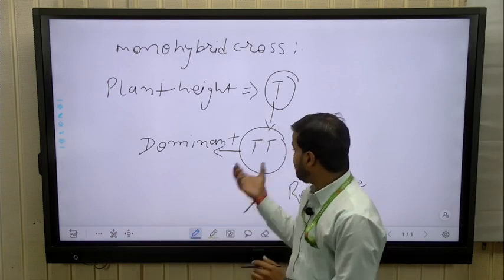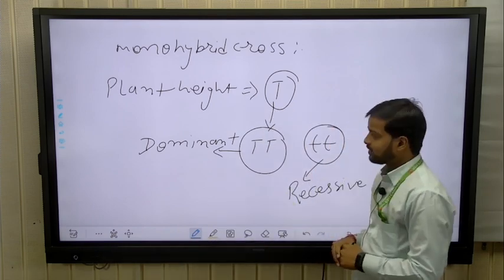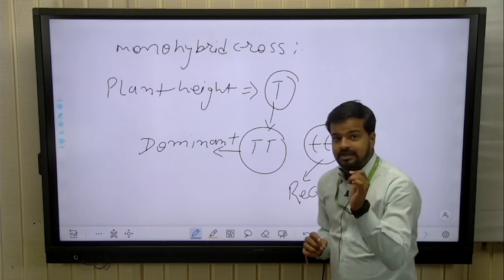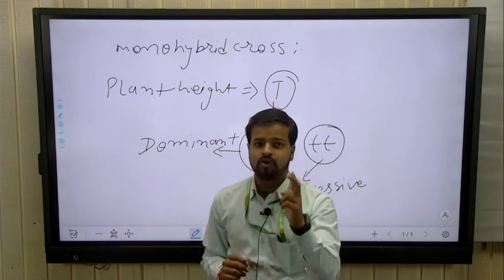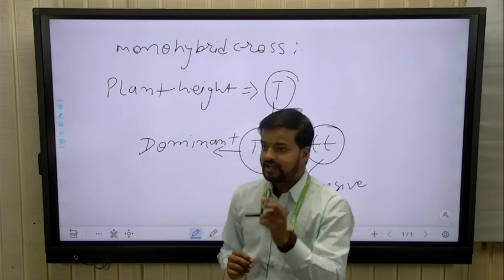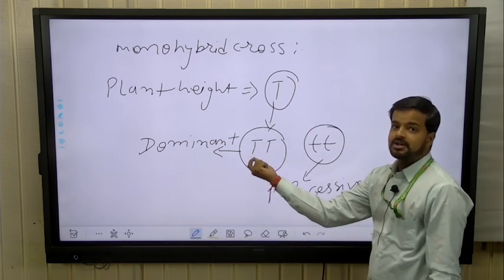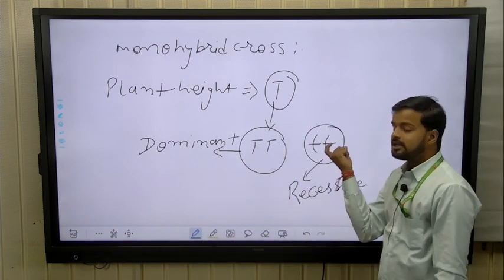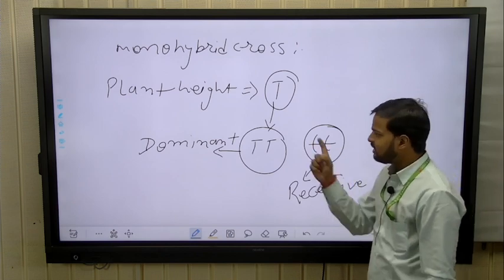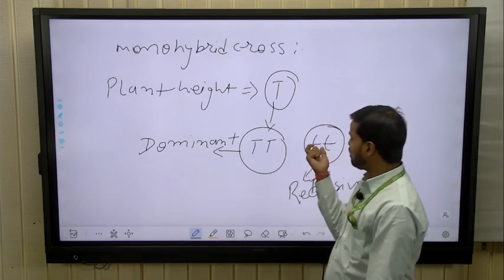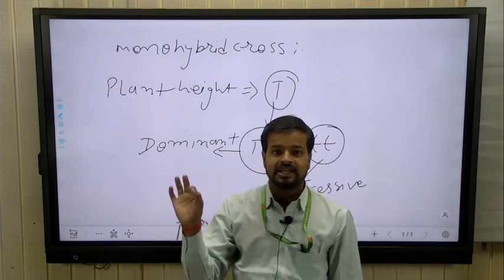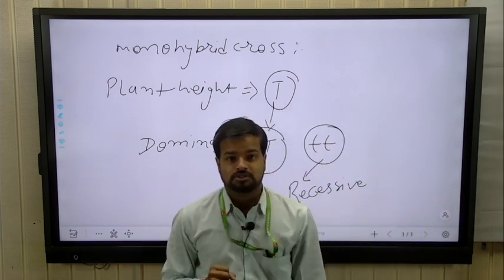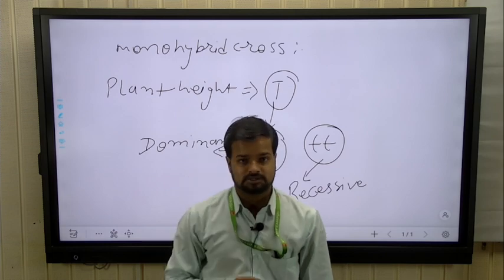As we know, capital T gene is responsible for plant height and is found as a pair, in capital T form and small t form. Capital T is dominant, and small t is recessive. Now we draw the outline diagram of a monohybrid cross.